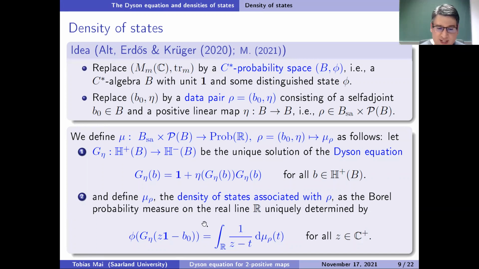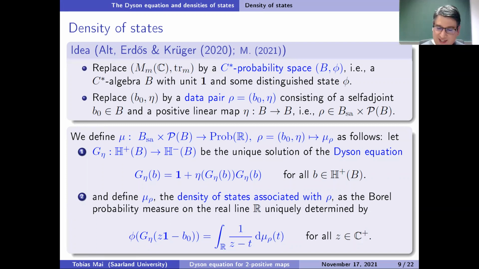And then it turns out that this function here is nothing but a scalar valued Cauchy transform. It has all the analytic properties that a scalar valued Cauchy transform must have. And hence there exists a probability measure on the real line such that this function is nothing but the Cauchy transform of this measure mu rho.